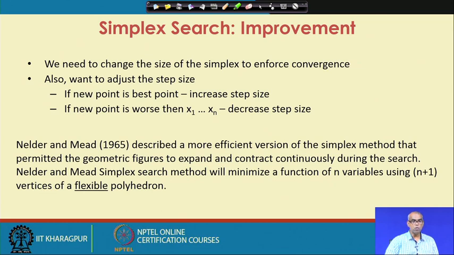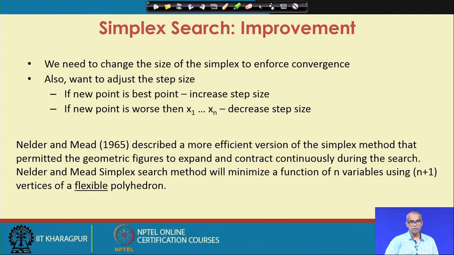That means, if the new point is the best point, I wish to increase the step size. If the new point is worse, then I wish to decrease the step size. So, if this flexibility is introduced, it will lead to an improved search algorithm.